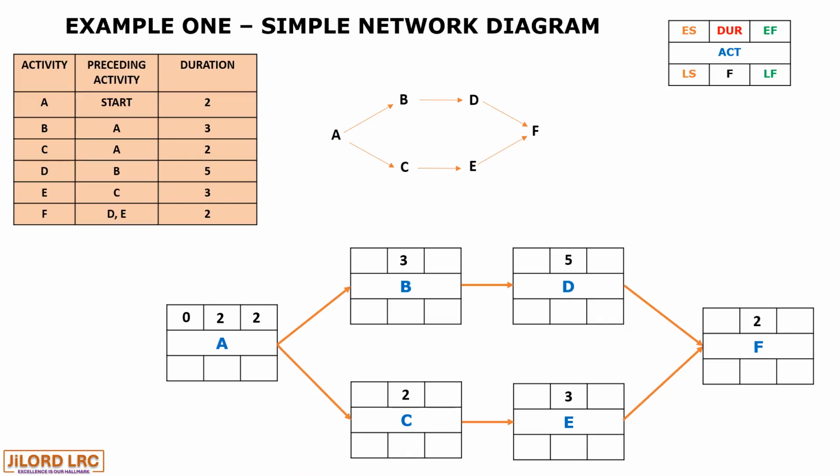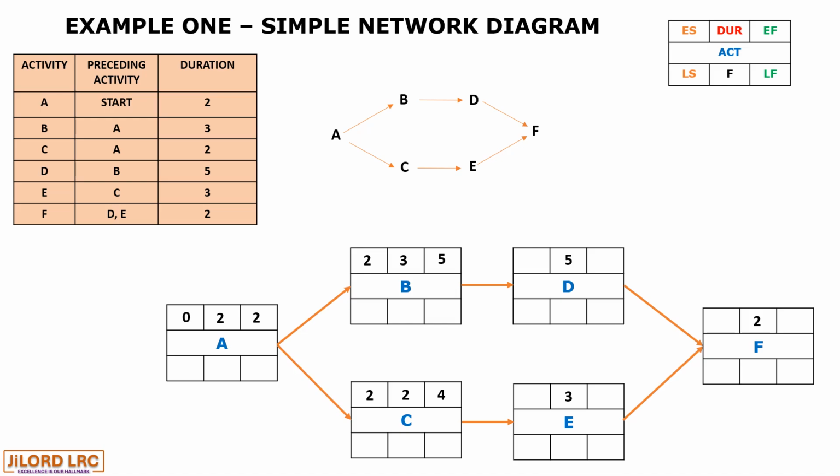So activity B and C would have 2 as their early start. So let's look at activity B. The early start is 2, and the early finish will be 2 plus 3, giving us 5. For activity C, 2 will be its early start plus 2, which is its duration, giving us 4.